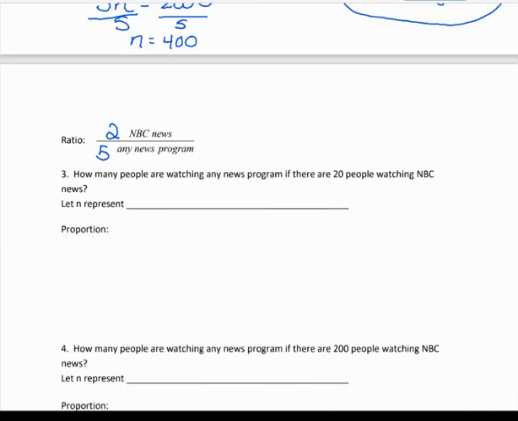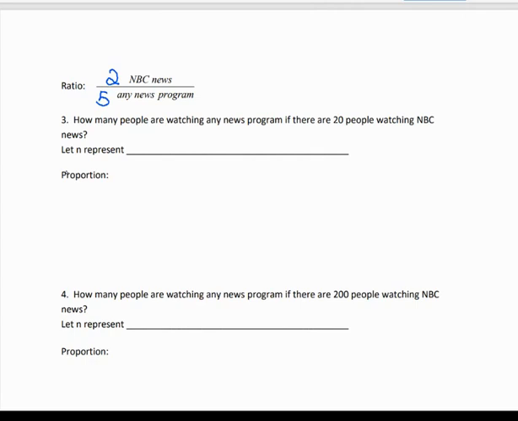Okay. So number 3 says how many people are watching any news if there are 20 people watching NBC. So how many people watching any news? That means N represents the number of people watching any news.